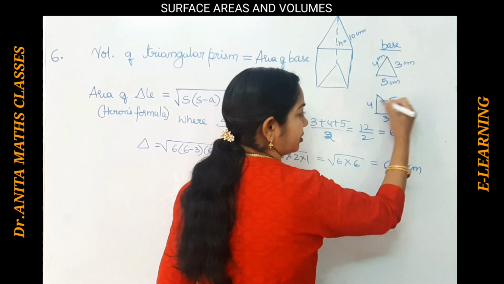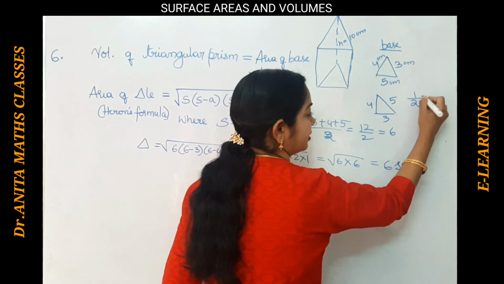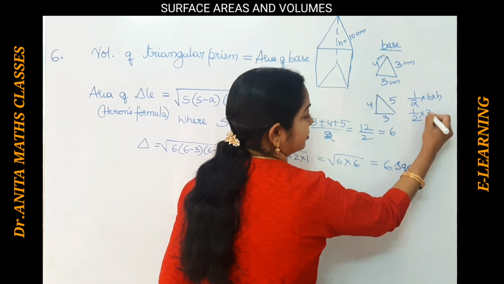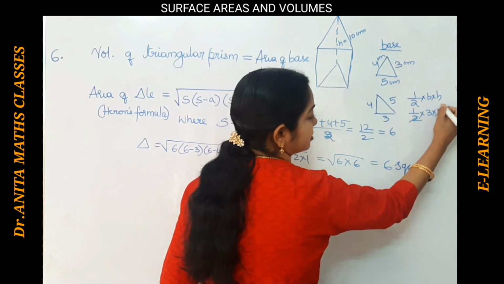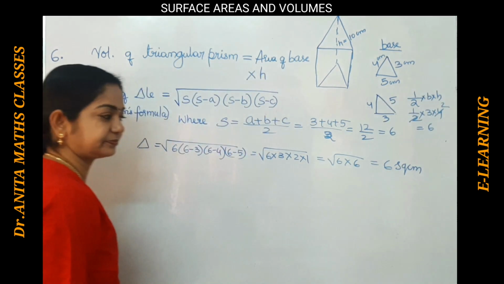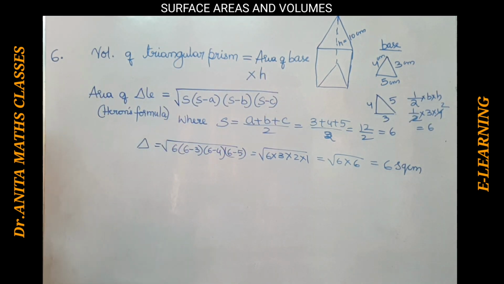Since this is a Pythagorean triplet, you can also find half into base into height, half into 3 into 4, which likewise is 6. Here we have used Heron's formula.